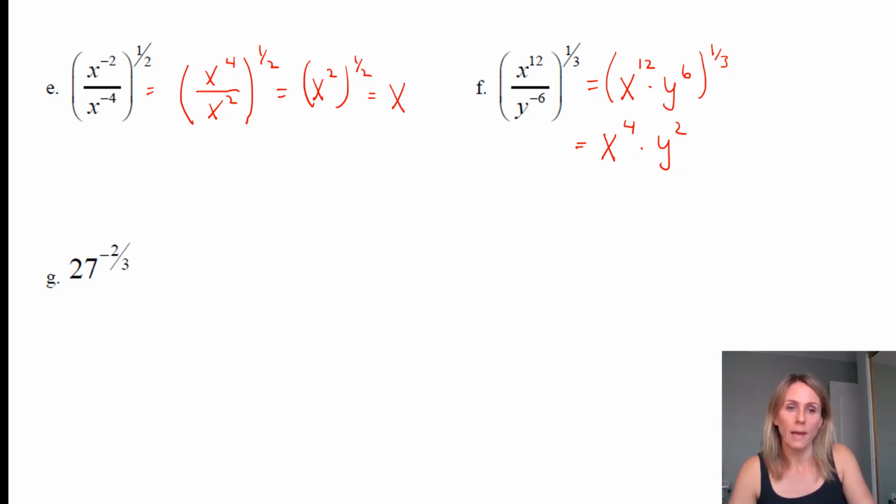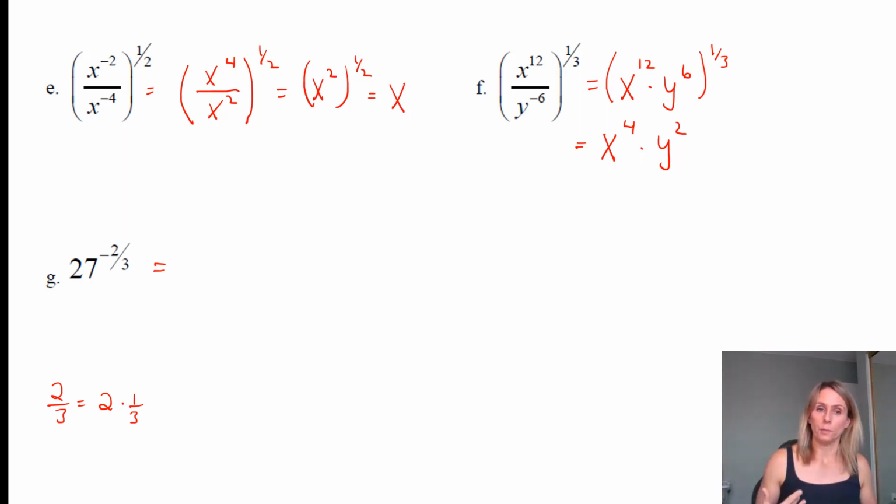And the last one here, again, a couple different ways you can do this. This is how I'm going to do it. When you see something to the 2/3, just remember that that's the same as 2 times 1/3. 2 times 1/3 is 2/3. If I break it apart like this, I can look at this as having two different exponents.